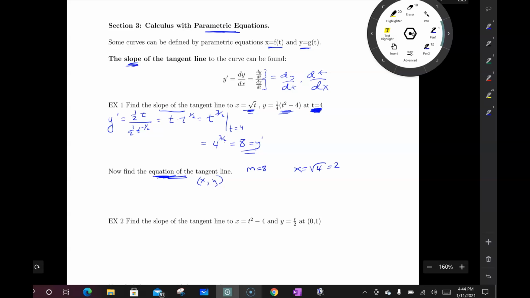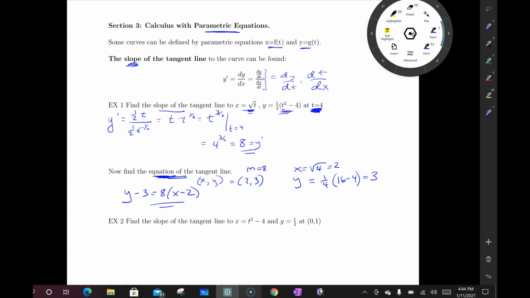So I get 2, and I put this t value into the y. 16 minus 4, so that's 12, divided by 4, that's 3. All right, so I get (2, 3). So putting that together into the equation of a line, there it is.